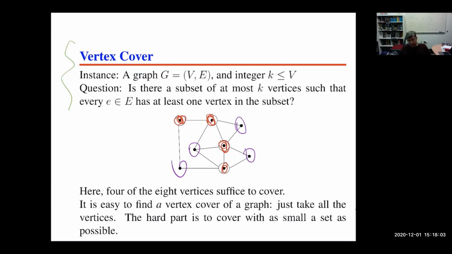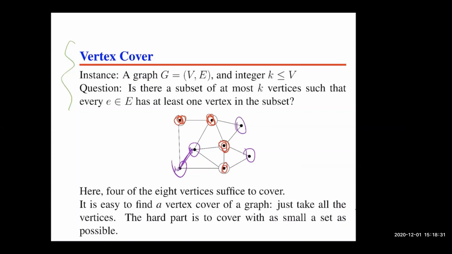Why can't there be an edge between two vertices that are not in the cover? If the red is a vertex cover, why do we know that the things that are not the vertex cover, the blue, can't have an edge between those two vertices?